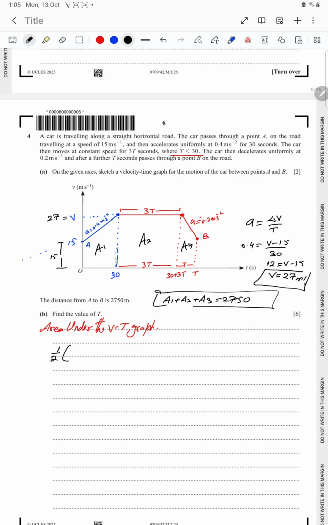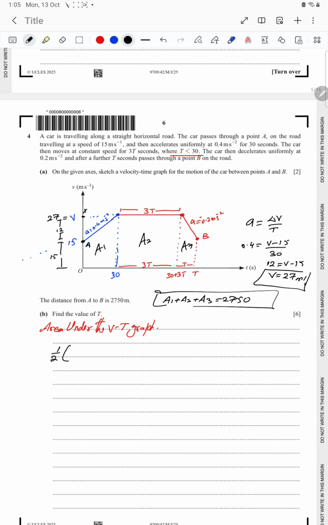Now it will make our life easy. The difference from this point A to this point X is 12, so the total is 27, right? Now it's easy.